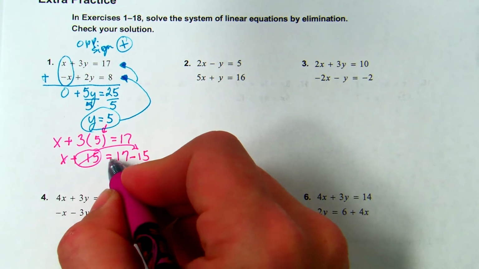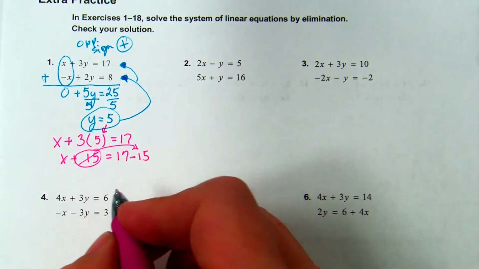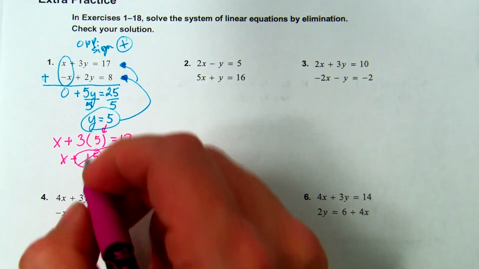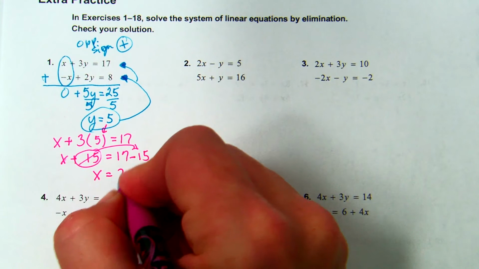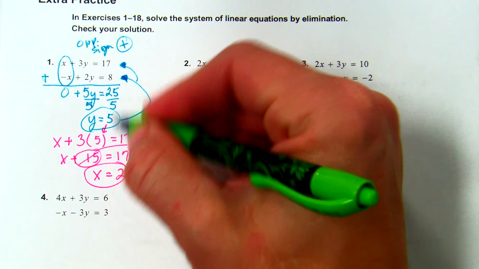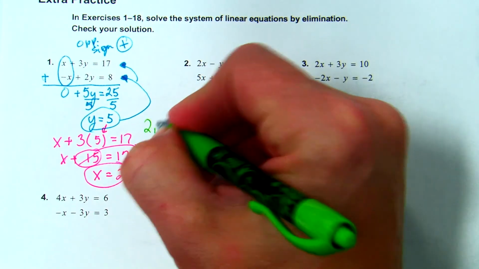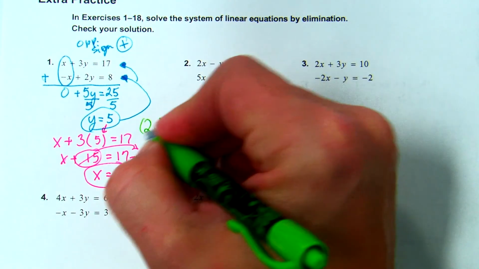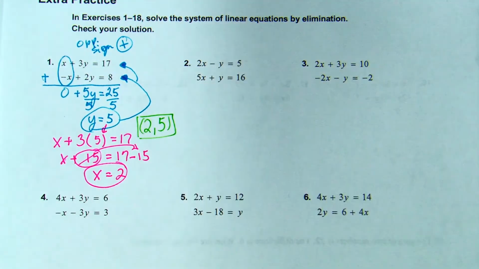Anytime it crosses the equal sign, it changes its sign. So I subtract 15, x is going to equal a positive 2. So I have both my x and y values. The solution to this system of equations is 2, 5. That's the ordered pair, or the solution to this system of linear equations.